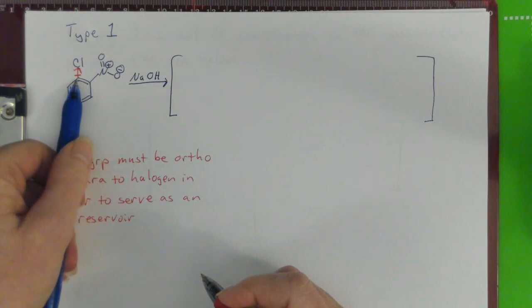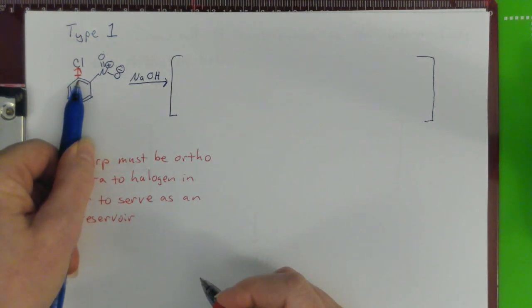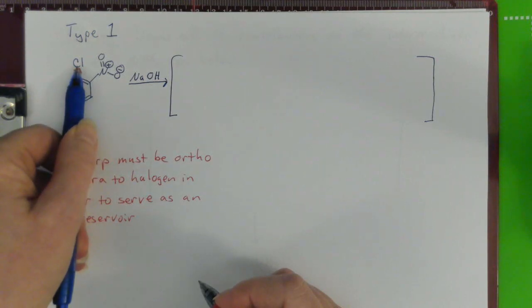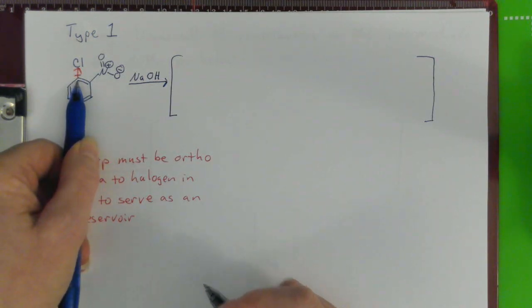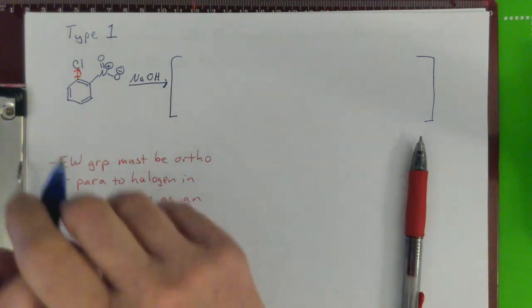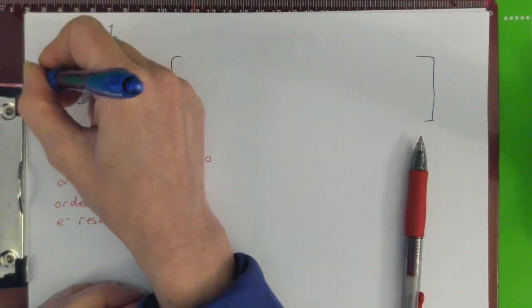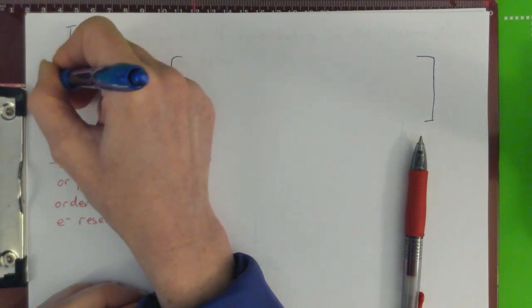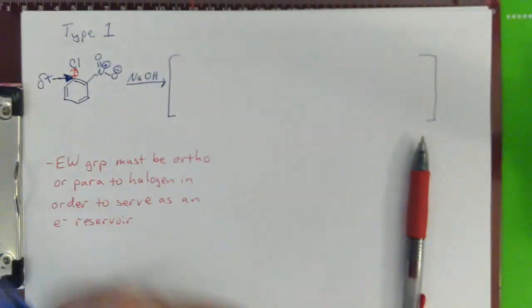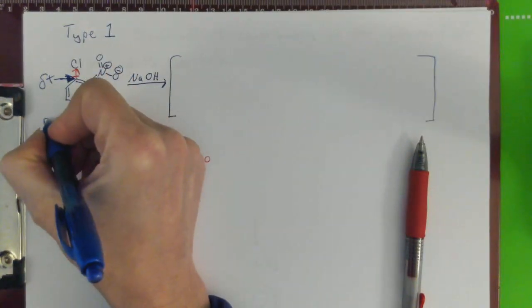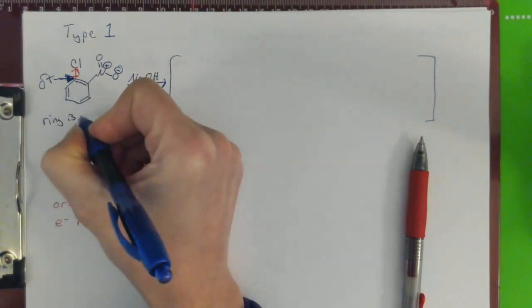So this carbon that's on the benzene ring right here has a slight positive charge because of this electron withdrawing group here via that inductive effect. So I'm just going to make a note that you have a partial positive charge there on that carbon. Okay. And again, in this reaction, the ring is the electrophile.